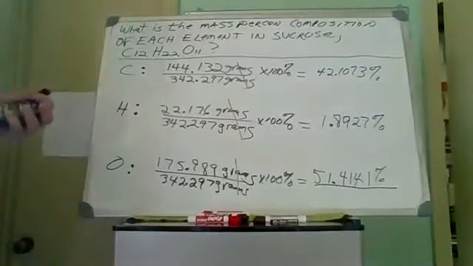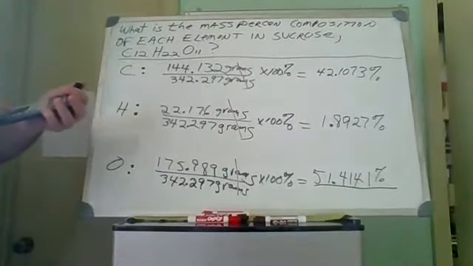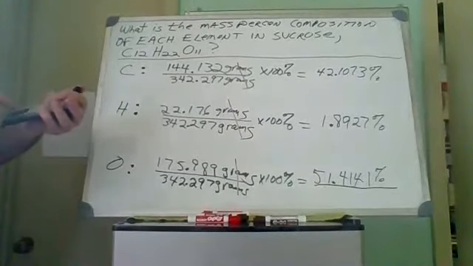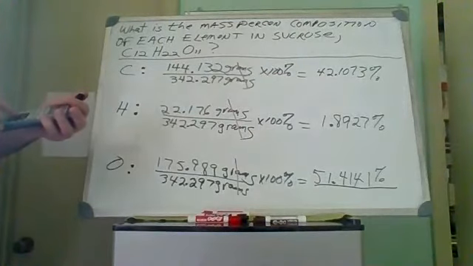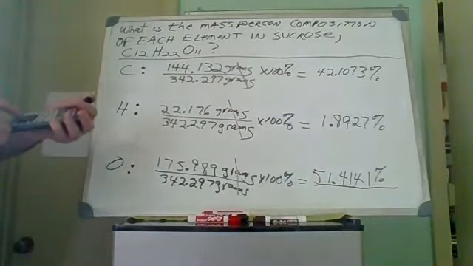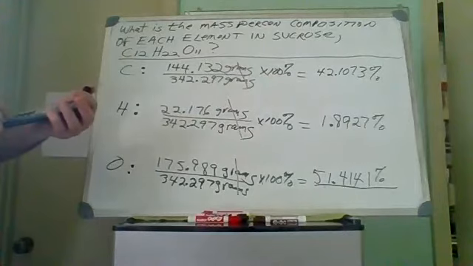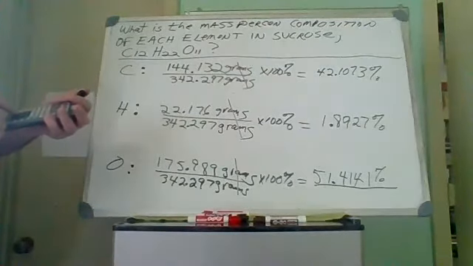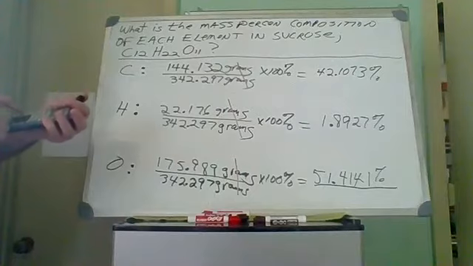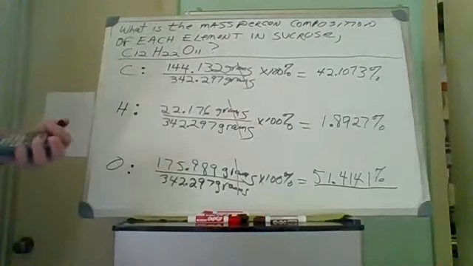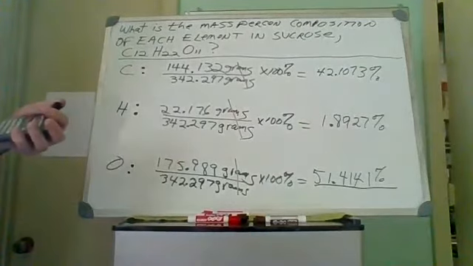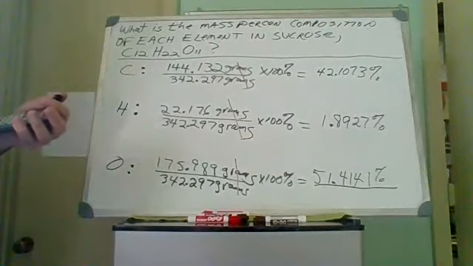Okay, so let's check them all over again. All right, so the carbon is okay. The hydrogen: yep, made a mistake. You always got to do it twice. I'm getting a different answer. 76 divided by recall 1 equals, times 100.